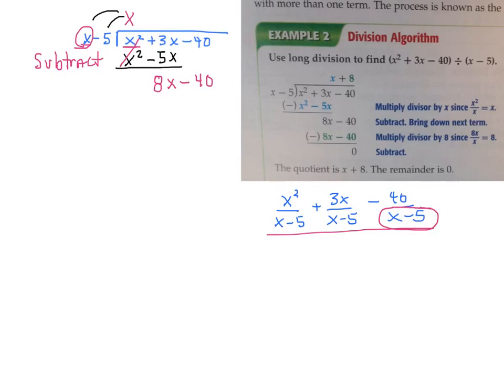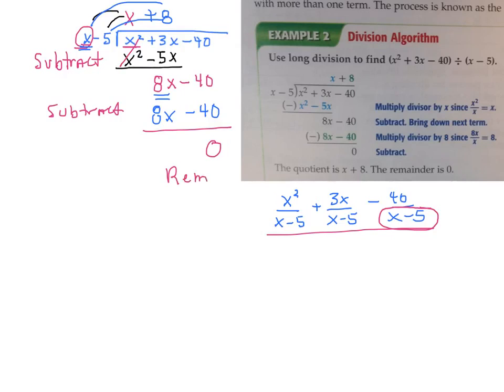x multiplied by what gives me 8x? Well, that would be 8. So I put an 8 up here. And then I multiply 8 times everything on the outside. 8x minus 40. And then I remember that I am subtracting. And when I subtract, I get 0 and 0, which means I have 0 remainder.